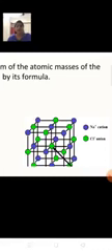You can see that the purple color balls indicate sodium ions and green color balls indicate chloride ions. So this structure contains an equal number of sodium ions and chloride ions. In this sodium chloride ionic compound, the ratio is 1:1.